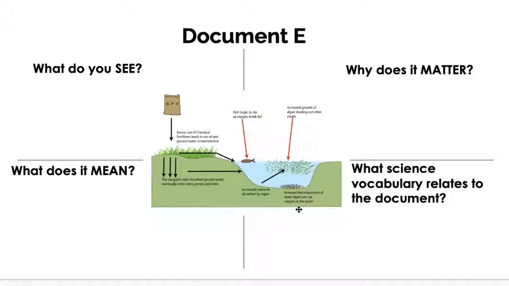We also see over on this side of the diagram, it says that there's an excess use of chemical fertilizers, which lead to runoff and groundwater contamination. We also see that inorganic salts dissolved in groundwater eventually enter the lakes, ponds, and rivers.